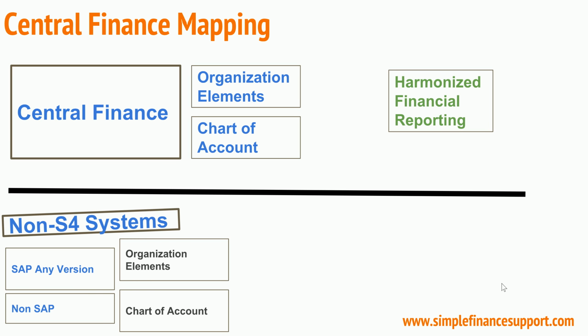At the same time, you will have chart of accounts in different systems, presented in different ways. To some extent in SAP systems, the chart of accounts can be represented the same way, but in non-SAP systems, the chart of accounts may be a completely different way of representation, right?